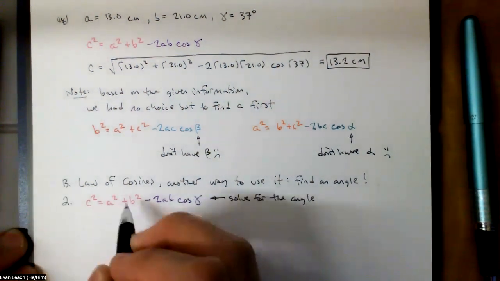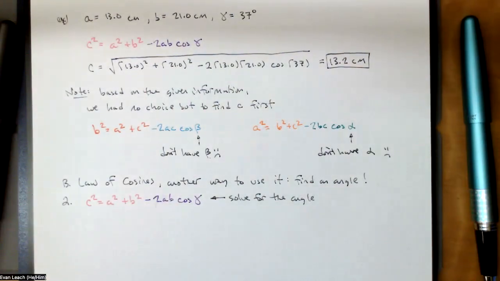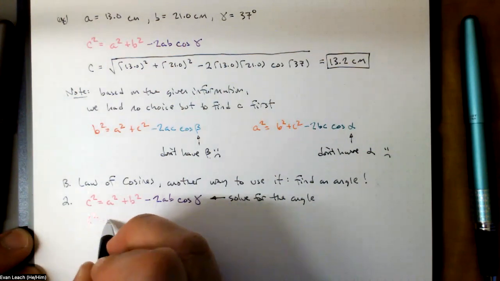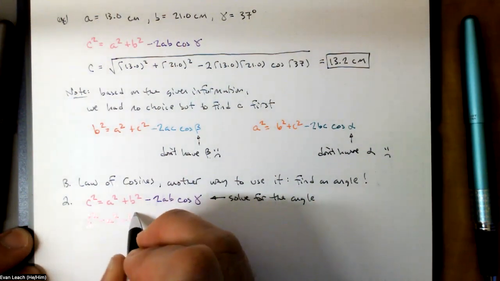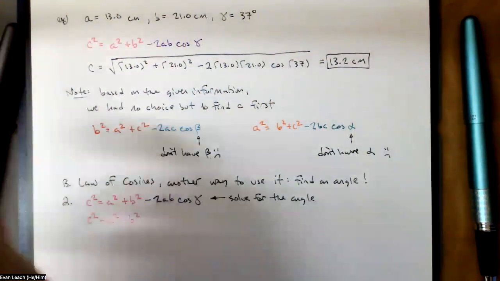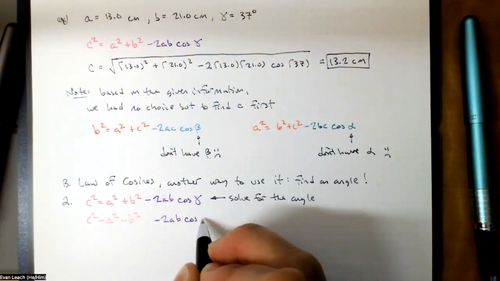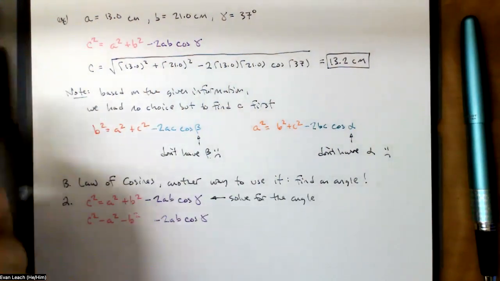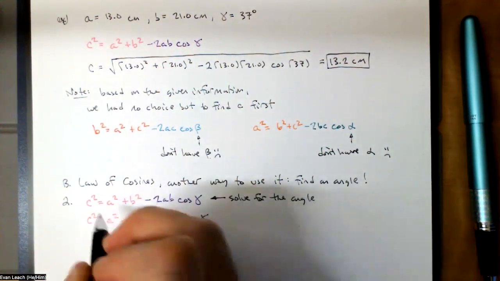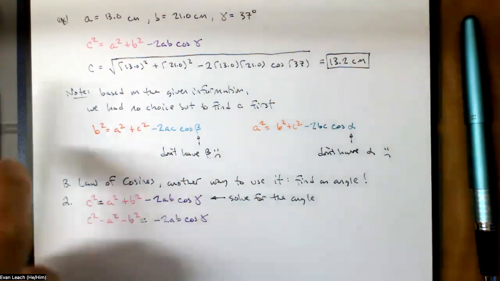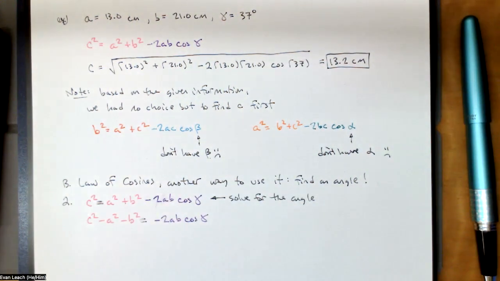So if we subtract c squared and we'll subtract a squared and b squared, then we'll divide by the negative 2ab.